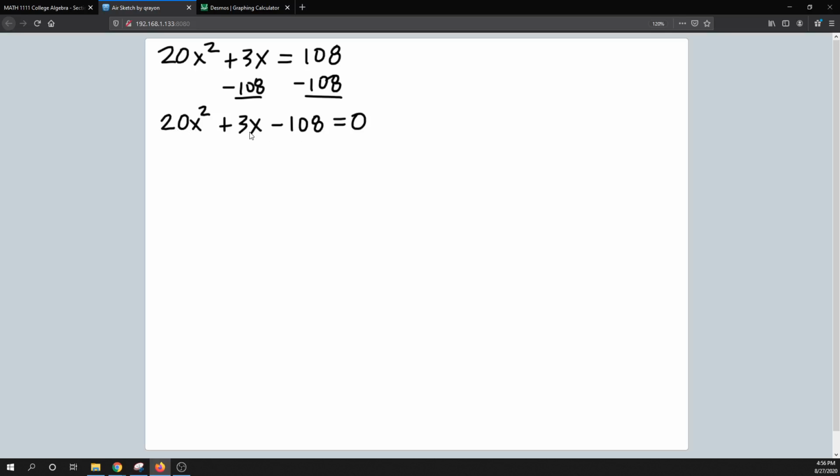And so to factor this, I'm going to try to use the AC method. In the AC method, I'm going to be looking for two numbers that multiply together to give me 20 times negative 108, which is a huge number as far as trying to figure that in your head.